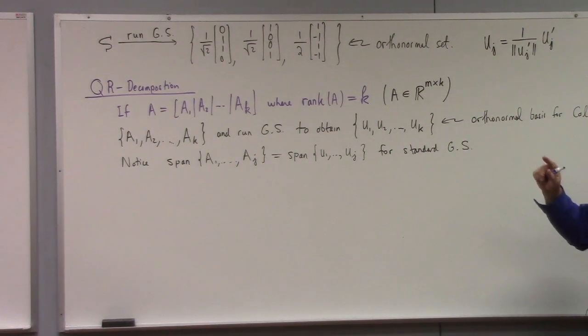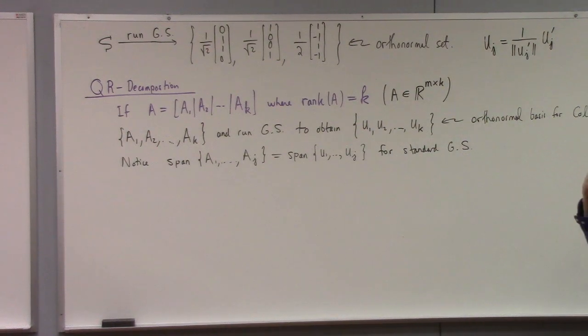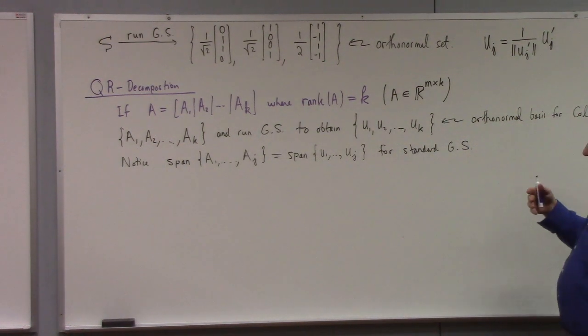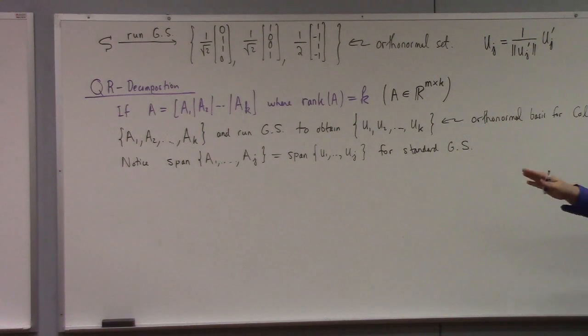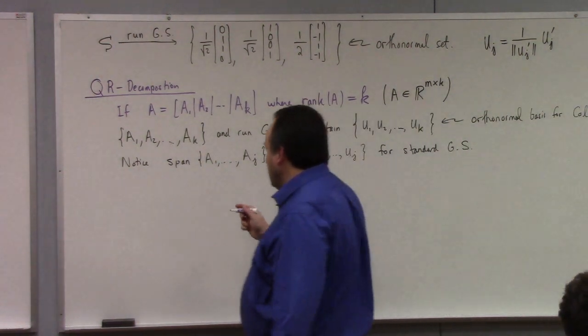So what I'm trying to say is that the QR decomposition is assuming that you're going through usual Gram-Schmidt on the column space. And if you do that, something really cool happens. I'll show you here. So suppose we have that. What does this mean?